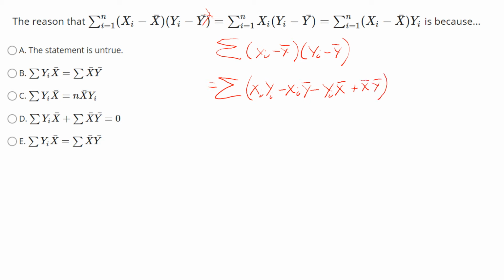Okay. Now we can break up this expression into 4 separate terms as follows.